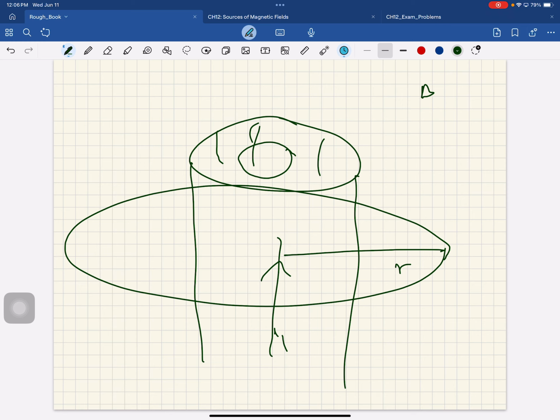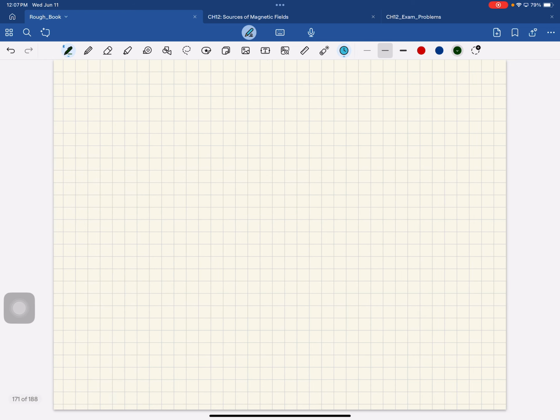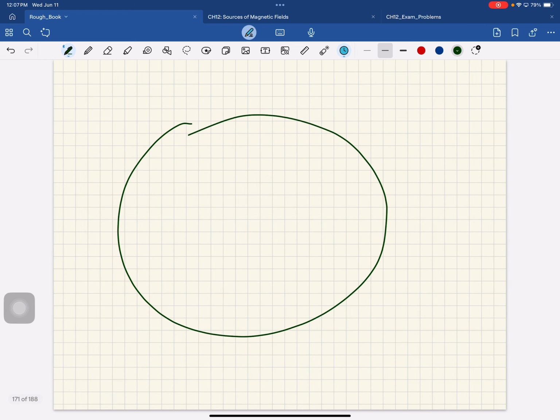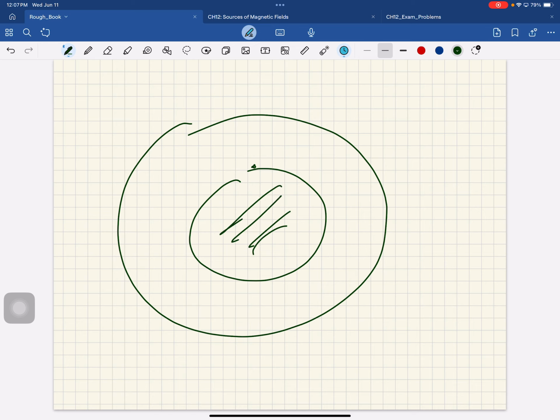Now what you learn is if you're inside, only this current affects you. This current doesn't affect you. This is a common theme. If this was the Earth and you were here, only this part attracts you.